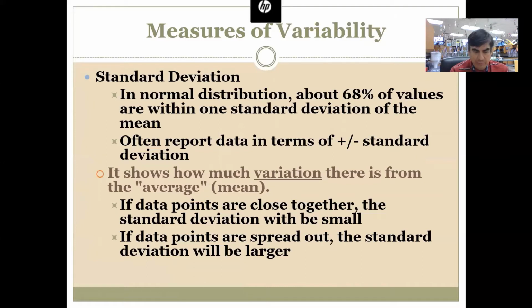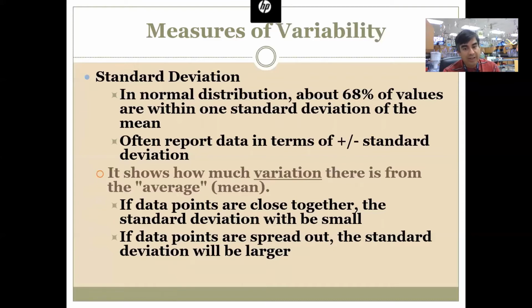What that tells us when it comes to standard deviation, and it's also going to tell us something about standard error of the mean, but right now we're focused on standard deviation, is that in a normal distribution, about 68% of the values are going to be within one standard deviation away from the mean. And usually the way we report this is in terms of a plus or minus standard deviation. So it's pretty much telling us how much variation there is from the mean.